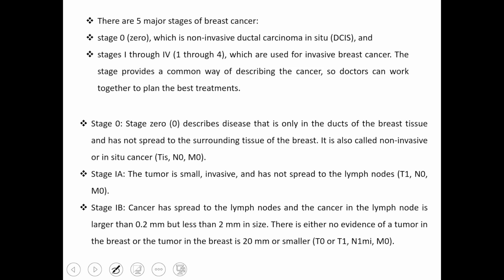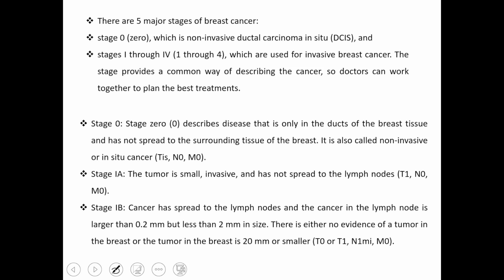Stage 1A, the first stage for stage 1: the tumor is small, invasive, and has not spread to the lymph nodes, T1 N0 M0. All of these are described by medical terminology.